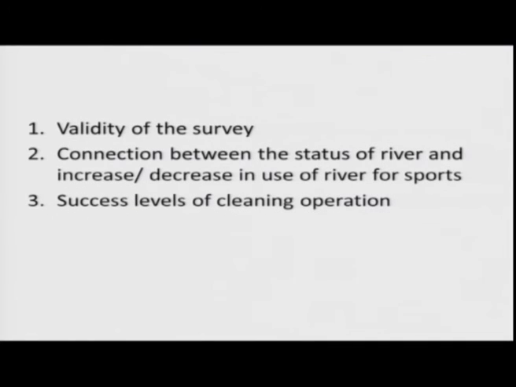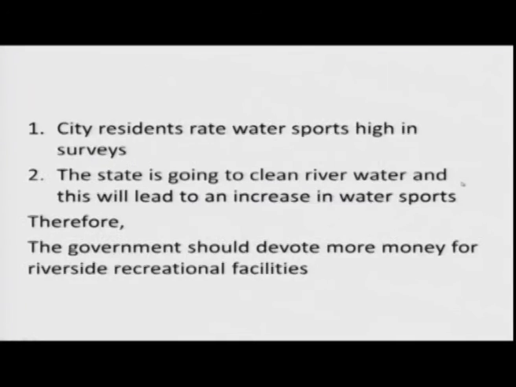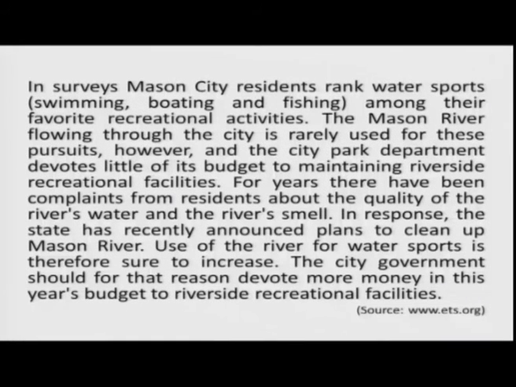Okay. The second one is the connection between the status of the river and the increase or decrease in the use of the river for sports. The text says the quality of the river's water has been very bad.